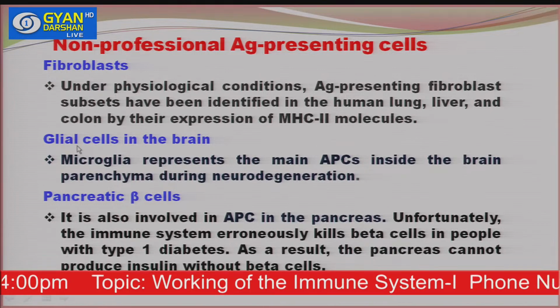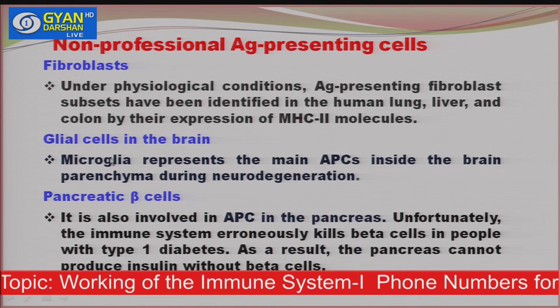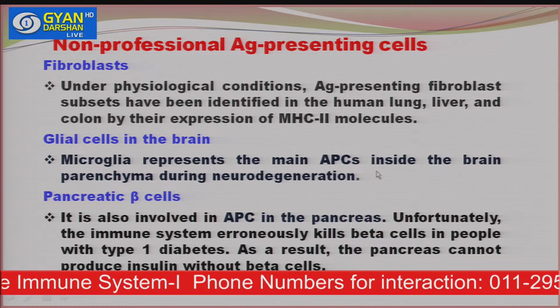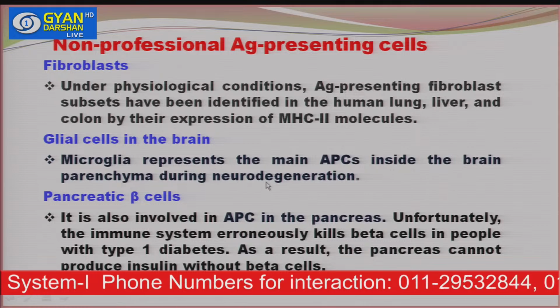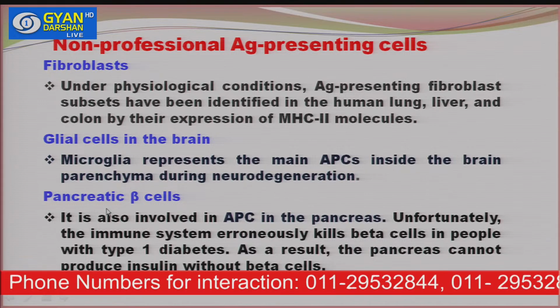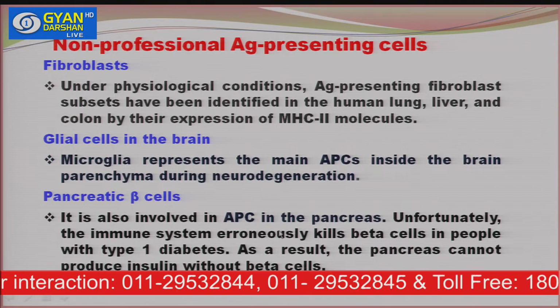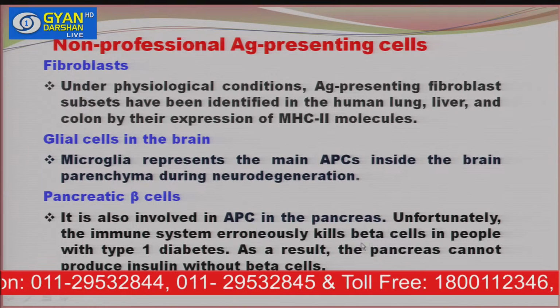Another is the glial cells in the brain; microglia represent the main APCs inside the brain parenchyma during neurodegeneration. And the third one is the pancreatic beta cell, which is also involved as an antigen presenting cell in the pancreas.